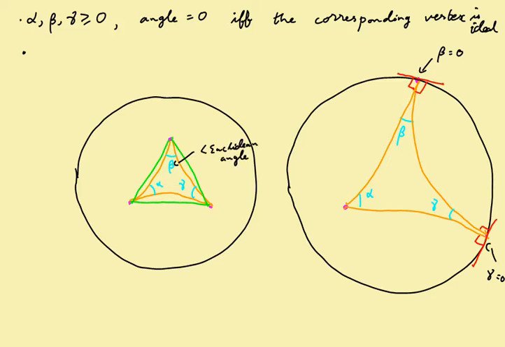And the Euclidean angles add up to pi. So alpha plus beta plus gamma is strictly less than pi. In fact, at the extreme for ideal, they're all 0. So each of them is a non-negative number, and their sum lies between 0 and pi. So this is what we know.